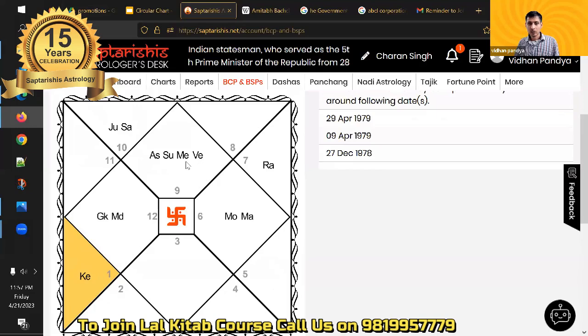Mercury and Venus are getting activated in the 77th year. Mercury is your 10th lord. If you have to become prime minister, 10th house support is what you need. 10th house, 11th house, 9th house support is what makes you the prime minister of India. It is the same for the prime minister of any country.